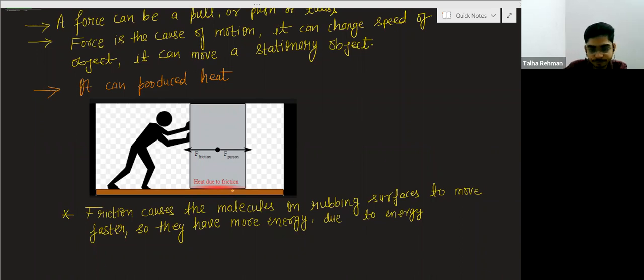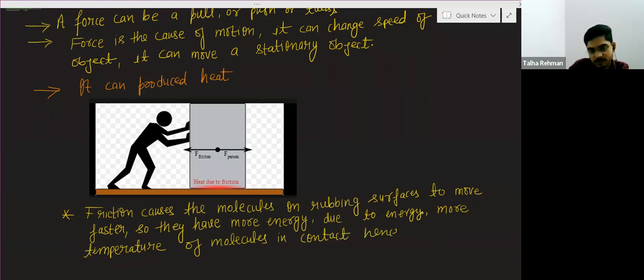So they have more energy, and due to energy, more temperature of molecules in contact, hence heat energy will be produced.